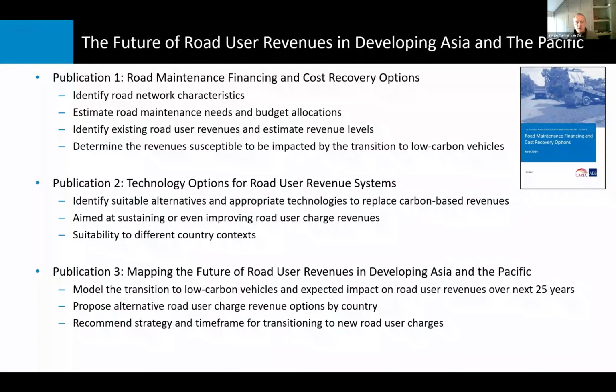All with the aim of determining to which degree those revenues and potentially the financing for road maintenance will be impacted by this transition to low carbon vehicles. So once we stop using fuel or start using less fuel, we will be paying less fuel taxes, and that will have a direct impact on road user revenues and possibly also an ongoing impact on maintenance funding.